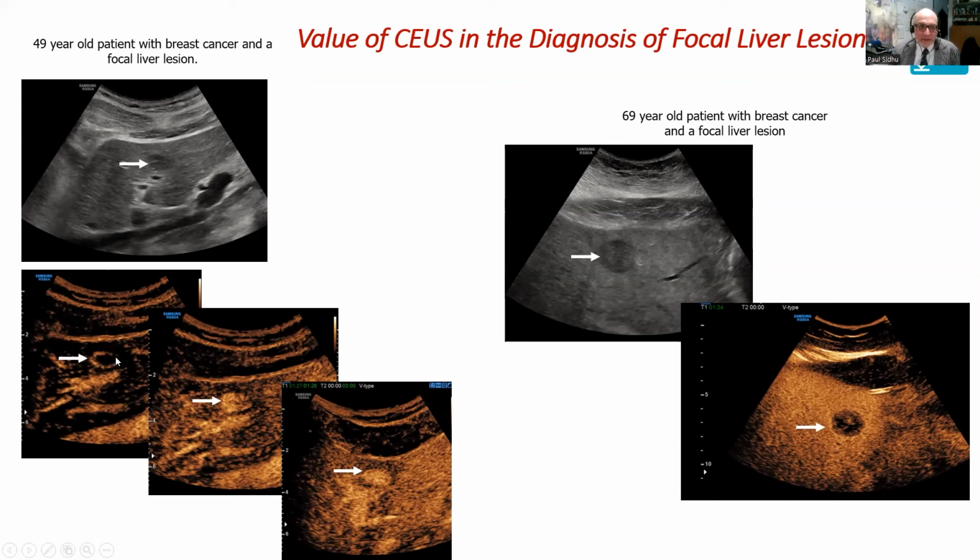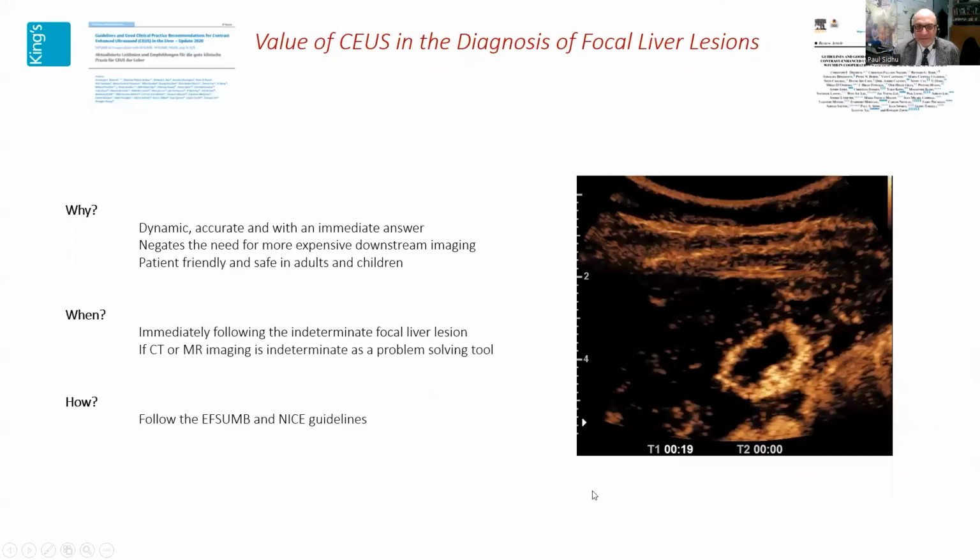This focal lesion, fortunately, has peripheral globular enhancement and infilling, and it's an atypical hemangioma. This patient, unfortunately, has washout in the portal venous phase, and this is a metastasis. But you're able to diagnose this immediately, establish the pathway management for the patient, and move on as quickly as possible to take care of the patient.